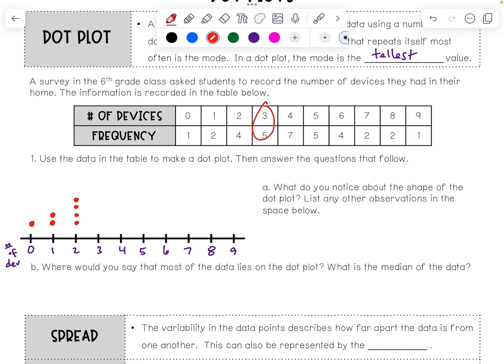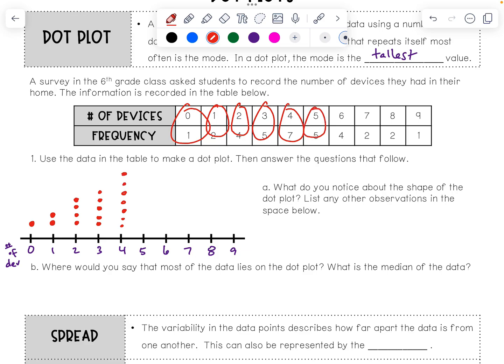Let's do 5 kids had 3. 1, 2, 3, 4, 5. 7 kids had 4. 1, 2, 3, 4, 5, 6, and 7.